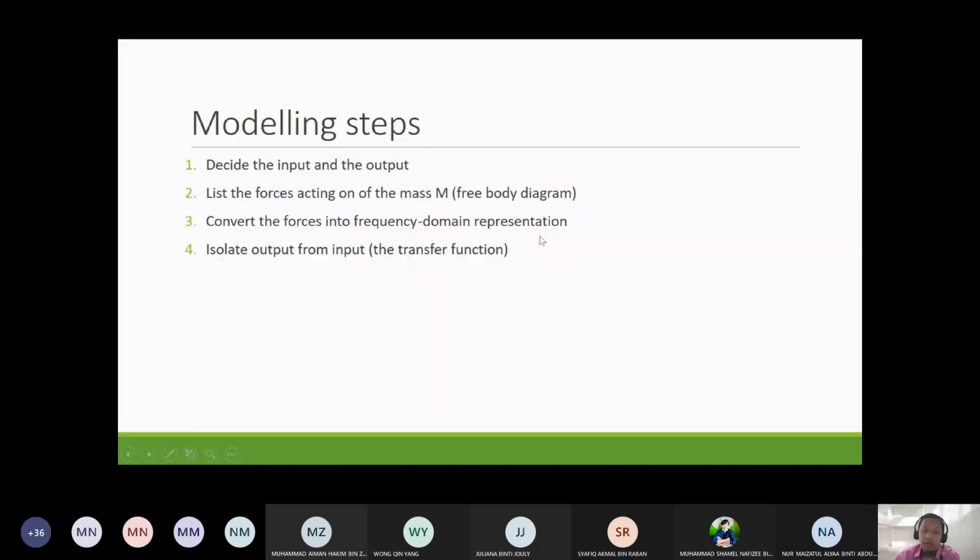And lastly, we isolate the output from the input to get the transfer function. These modeling steps are the general steps which will be applied for all mechanical systems where we want to find the transfer function. So let's look at how we can derive the transfer function using these steps.